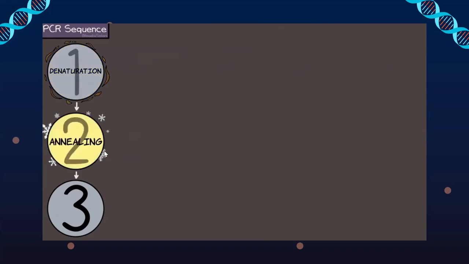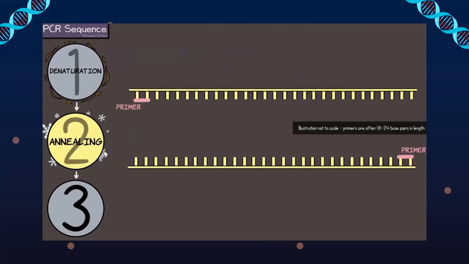And then, we also have here annealing. Kung mapapansin natin dito sa annealing, mayroong mga snowflakes. It means to say na malamig po yung part dito. The 2 DNA strands that have been separated by our denaturation are going to be cooled and be joined by the primers.